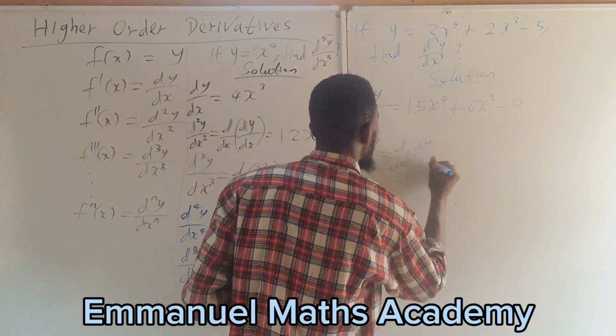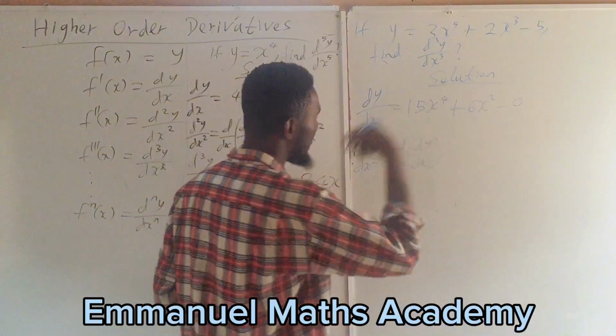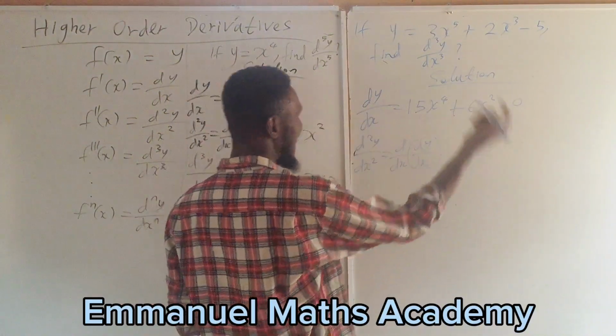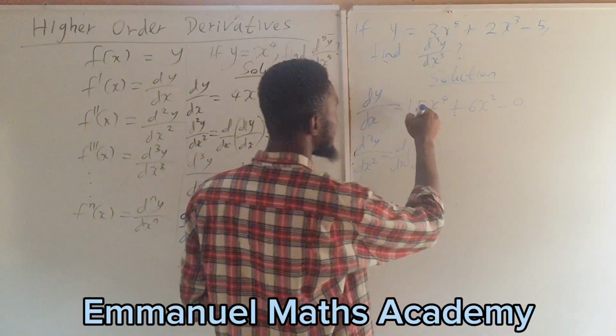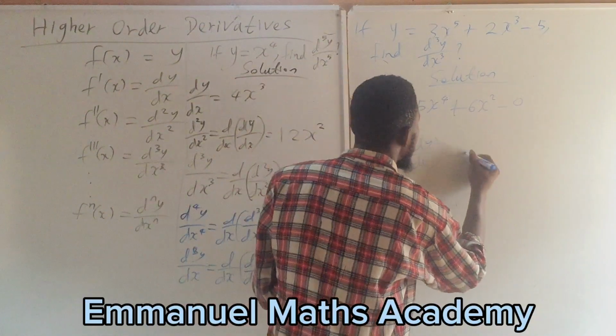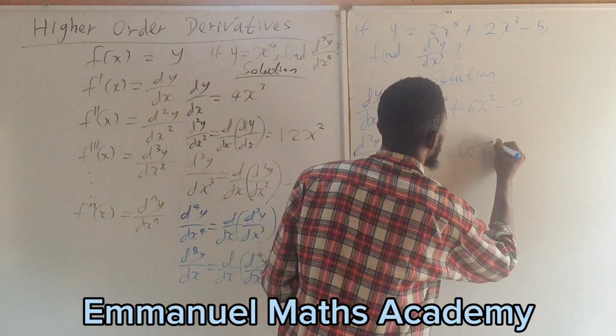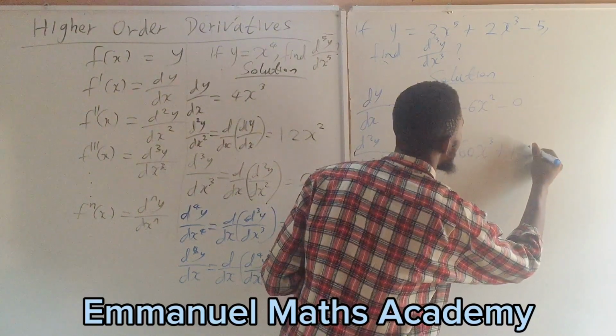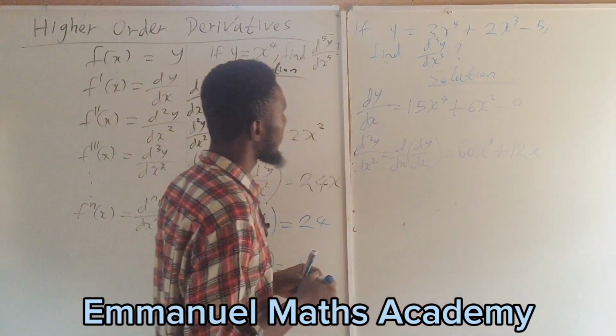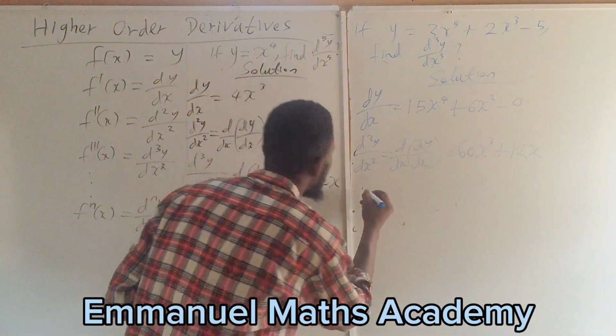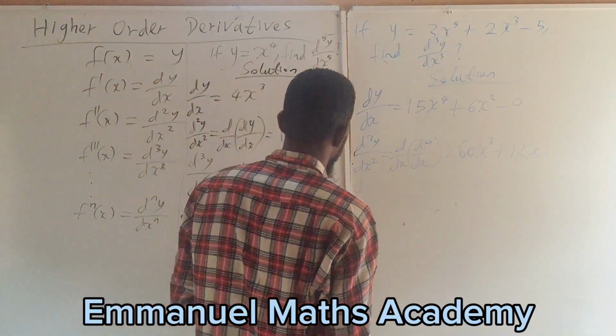That means differentiating y with respect to x another time. If you differentiate this whole thing again, you have what? This time this subtract 1, you have 60x power 3 plus 12x, right?